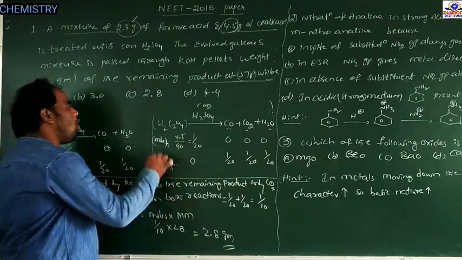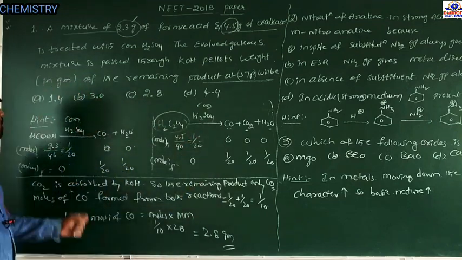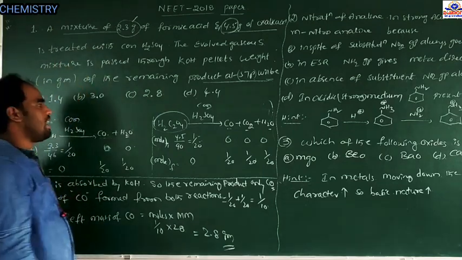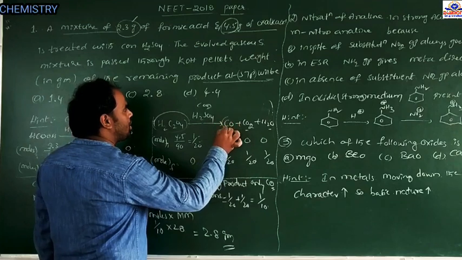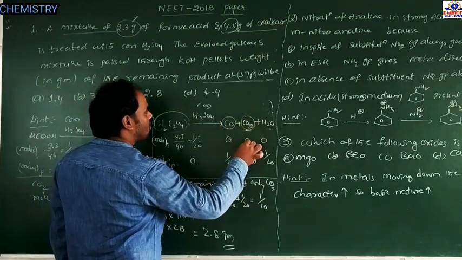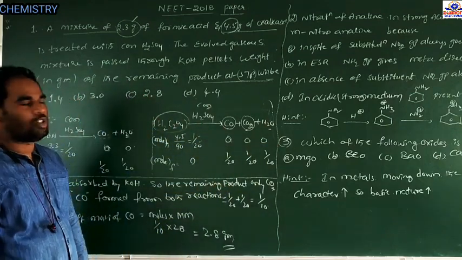So initial moles of oxalic acid is 1 by 20, and initial moles of formic acid is 1 by 20 in this reaction. Next, at T equal to 0, the initial moles of carbon monoxide is 0, carbon dioxide moles also 0, water moles also 0, product moles are 0 at T equal to 0.